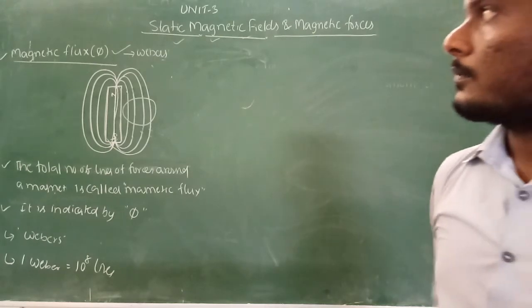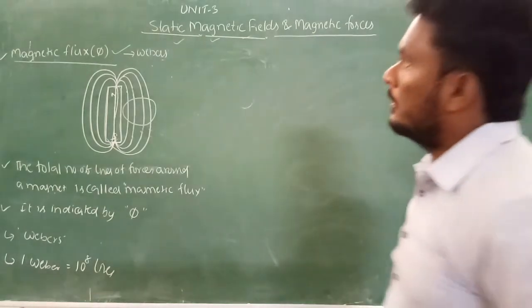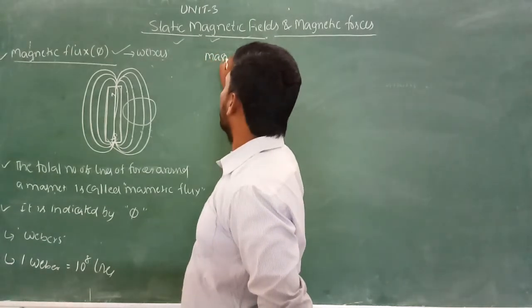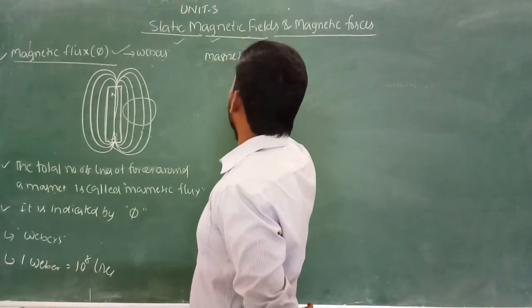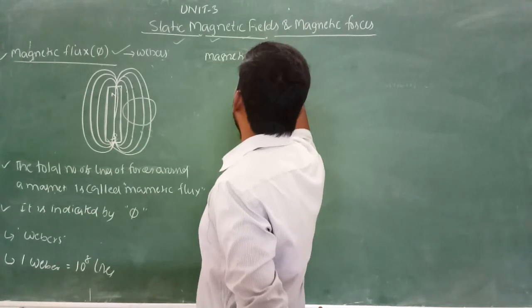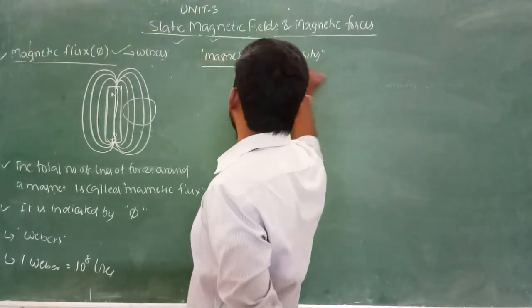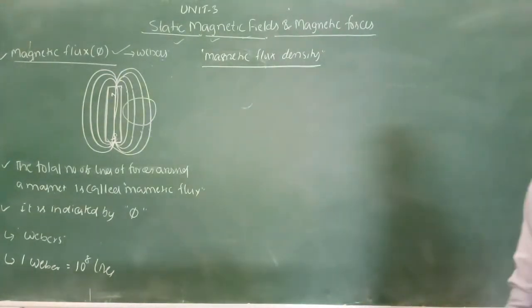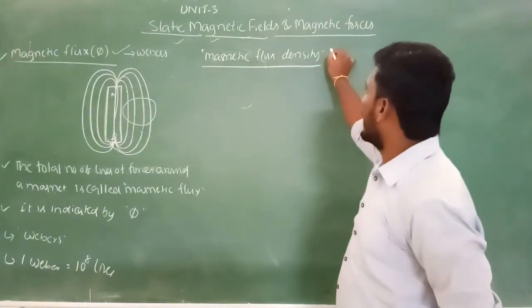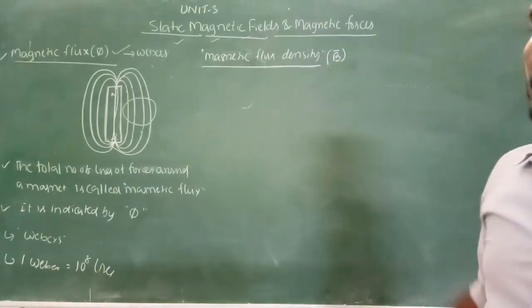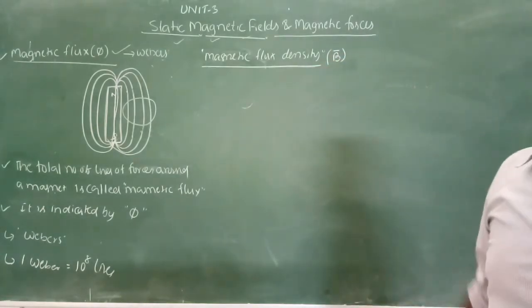Okay. Now, the next definition is about magnetic flux density. How can you define this magnetic flux density? It is analogous to electric flux density. Magnetic flux density is represented by capital B with a bar, because it is a vector quantity.